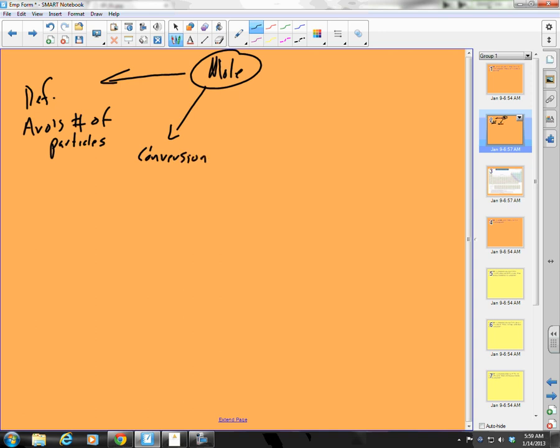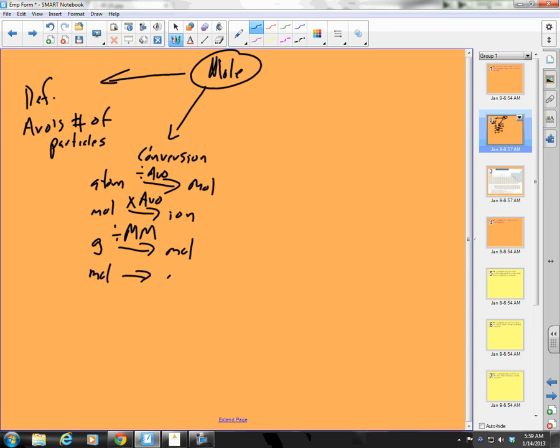We said we can go from particles, atoms or things like that, to moles by dividing by Avogadro's number. I can go from moles to, say, ions. How? By multiplying by Avogadro's number. I can go from grams to moles. How? By dividing by my molar mass. And I can go from moles to grams by multiplying by molar mass, right?